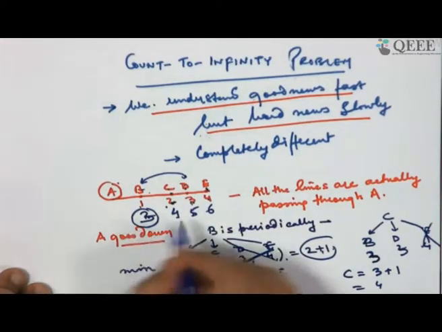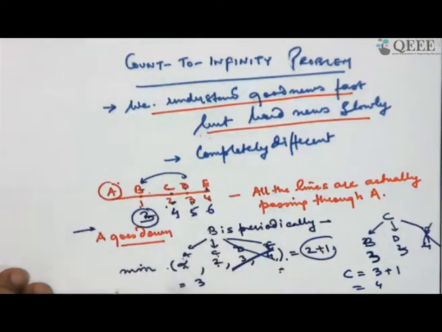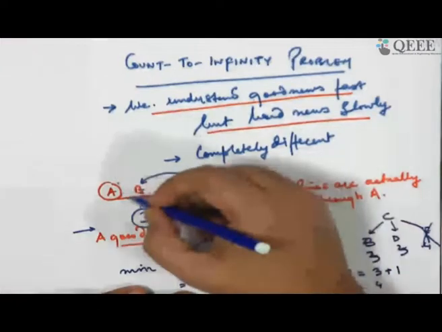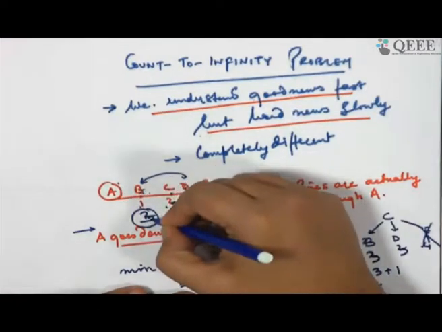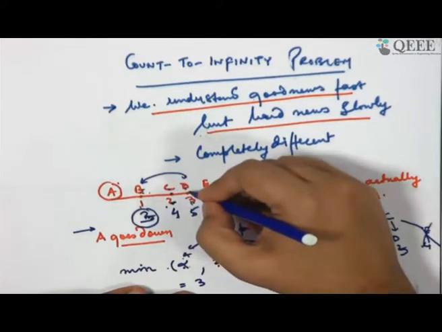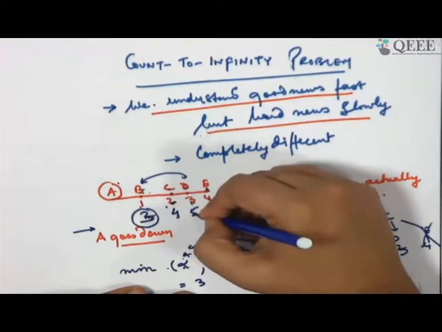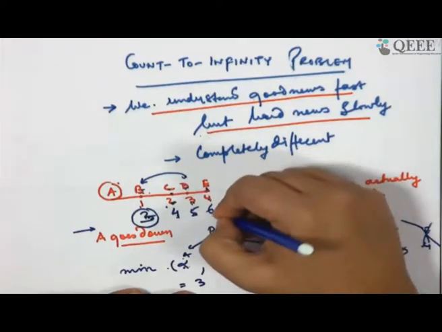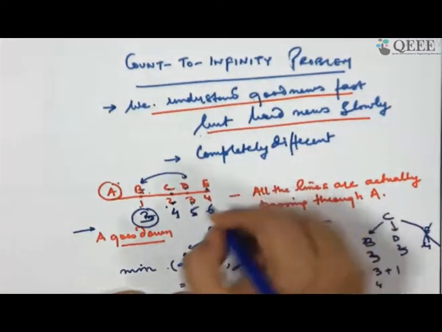Okay. So, now after the first round, what has happened? B's distance from A has become 3, C's distance from A has become 4, D's distance from A has become 5, while E's distance from A has become 6, fine.